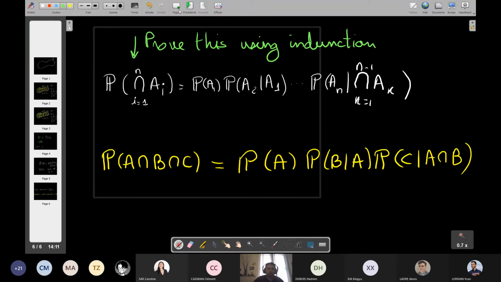Now, we saw the notion of independence of events. If you remember, we say that two events are independent, and I will use this notation to say that A and B are independent.